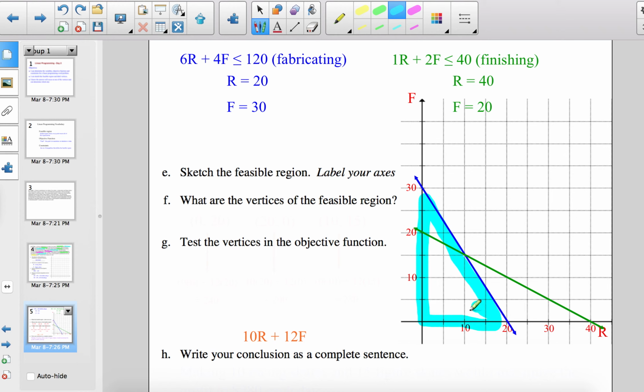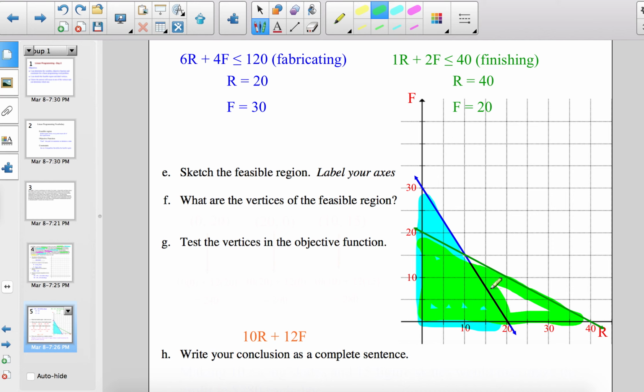If you plug 0, 0 in, does it work? It does. 0 is in fact less than 120, so 0, 0 gets shaded. If I plug 0, 0 in here, 0 is in fact less than 40, so I'm going to shade below the green one. So everything below green is going to get shaded.